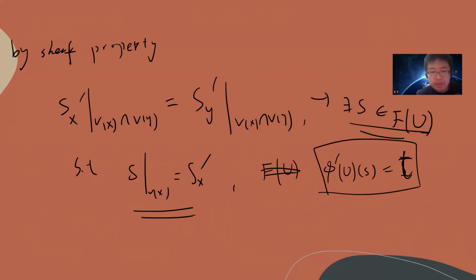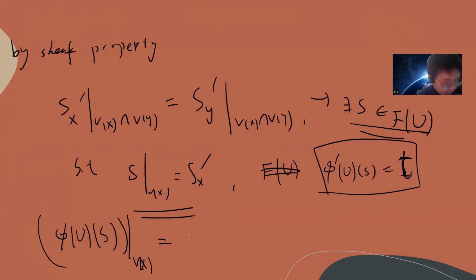The reason is that if you act phi of u on this s but restricted to v of x, then by definition you restrict this into x s prime. So this is the same as phi of x x s prime, and this will give you the t of x. Okay, and if you do overlapping, it is still the same.